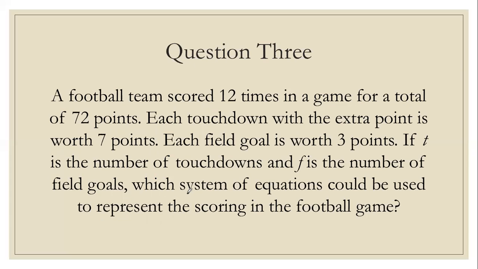All right, question 3. A football team scored 12 times in the game for a total of 72 points. A touchdown is worth 7 points and a field goal is worth 3 points. F equals 12.